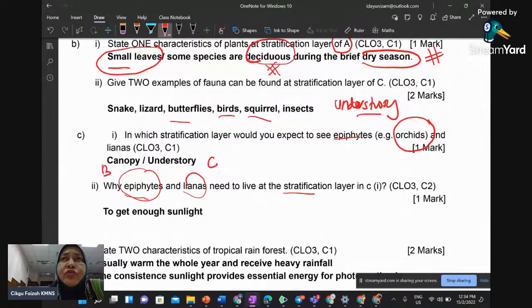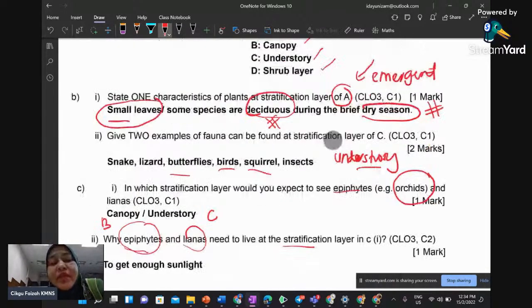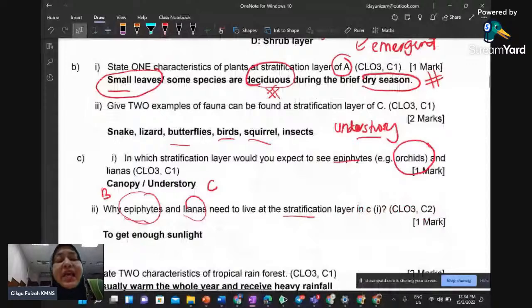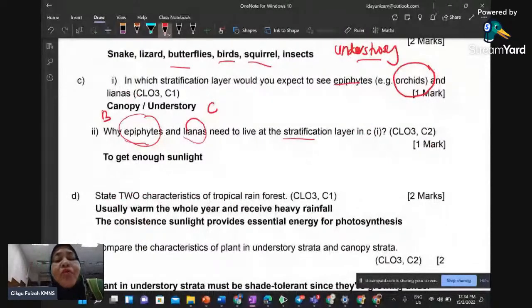Like you know, when you learn about the stratification of the tropical rainforest, epiphytes cannot survive if they are in the shrub area. If epiphytes stay in the shrub layer, they will die, class. So in order to get sufficient sunlight, they have to attach to trees in the canopy or understory. The reason is, as you all know, as producers they need sunlight for photosynthesis.